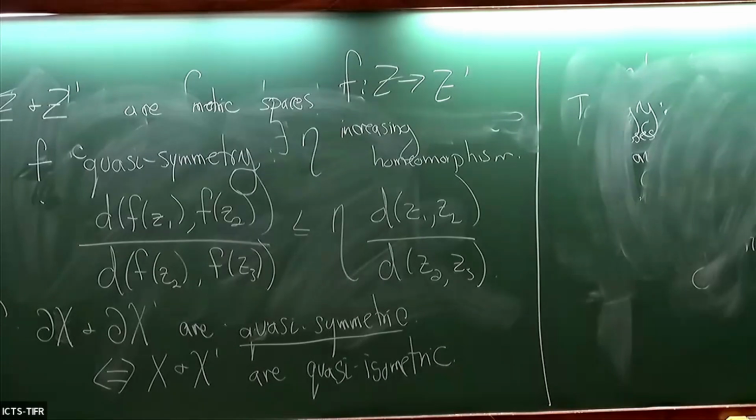What is what? A is just some constant. You could just take a constant. They'll be quasi-symmetric, yeah, so you get different. Okay, good questions. All right.